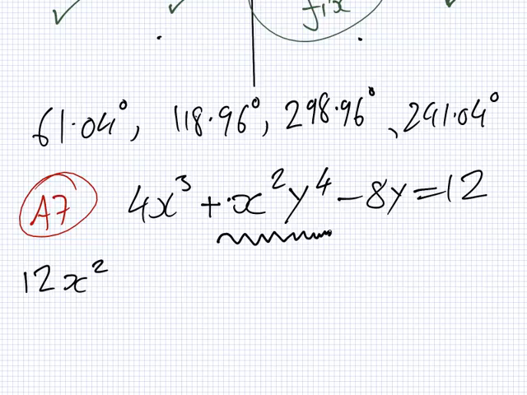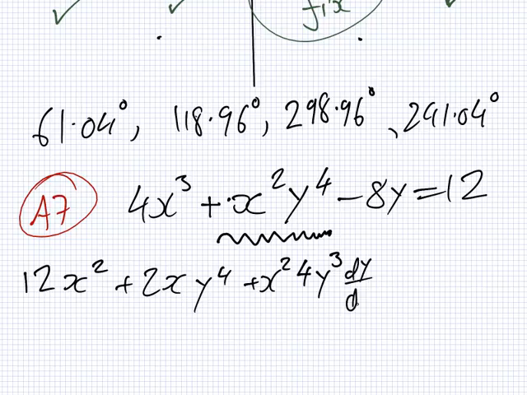Product rule, yeah? So the first one would be 2xy⁴, and then the next one would be x squared, 4y cubed, dy/dx, minus 8 dy/dx equals 0.